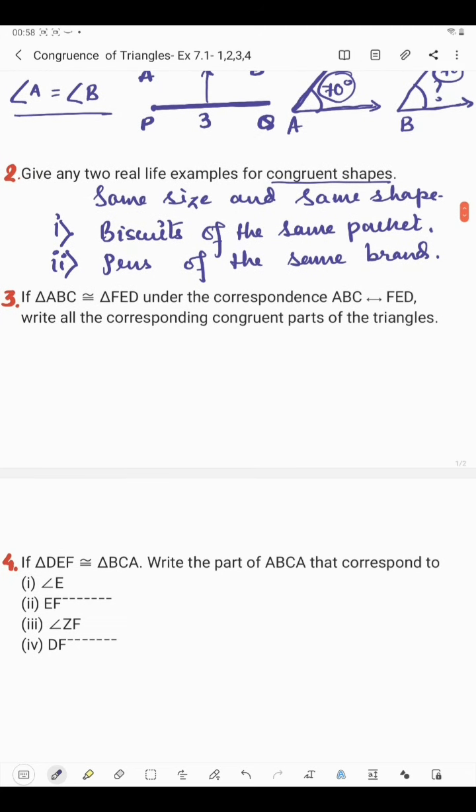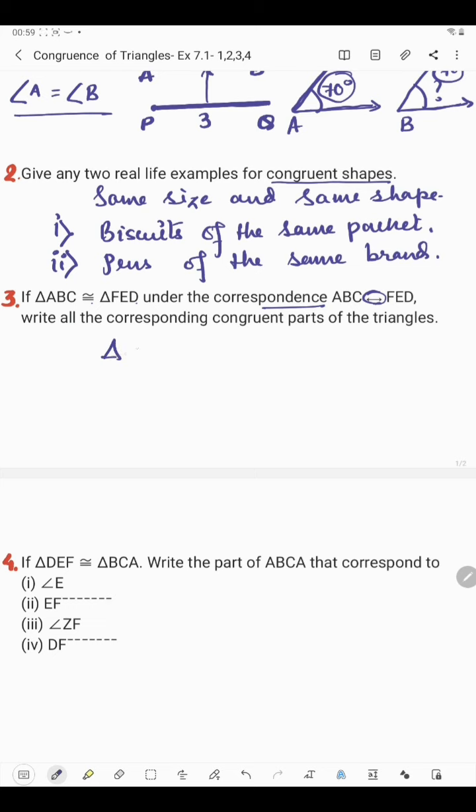Question number 3 says if triangle ABC is congruent to triangle FED under the correspondence, here we have been given this symbol. This symbol means correspondence. Okay, so write all the corresponding congruent parts of the triangles.